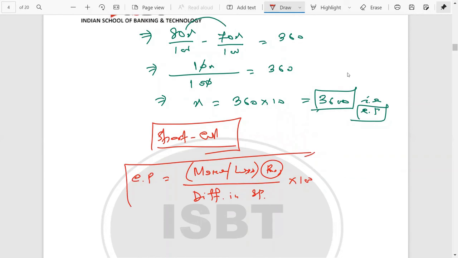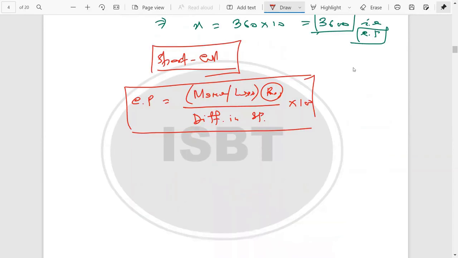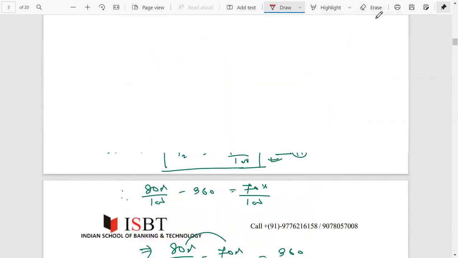Very shortcut formula. Now apply the formula in the first question. How much rupees more? 360. Look at the first case. 360 rupees is the difference between the two selling prices.